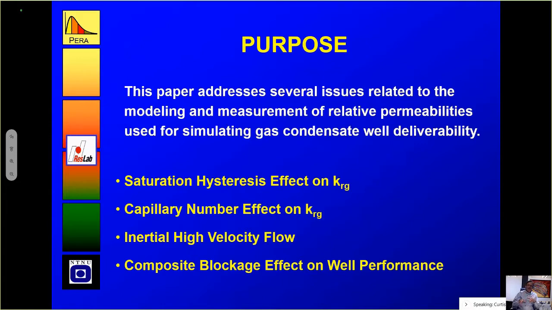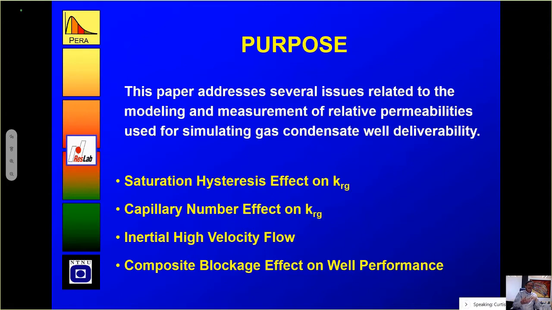But what the paper talks about is that during the life of a well that's been shut in probably hundreds of times during its entire life, started back up, rate increases, rate decreases, the saturation hysteresis in the near well region is both imbibition and drainage, cyclically throughout its entire life.